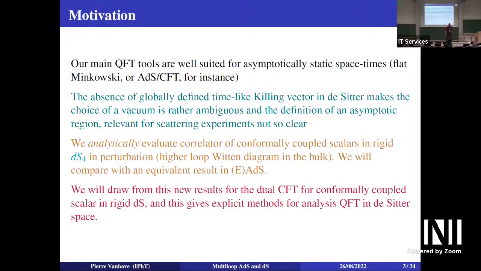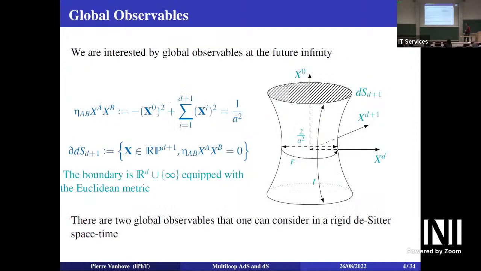One way to validate what we did is to extract corrections to the anomalous dimension and see if it fits, if the physical quantities look reasonable.